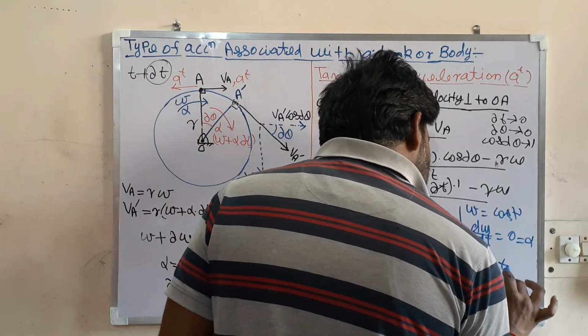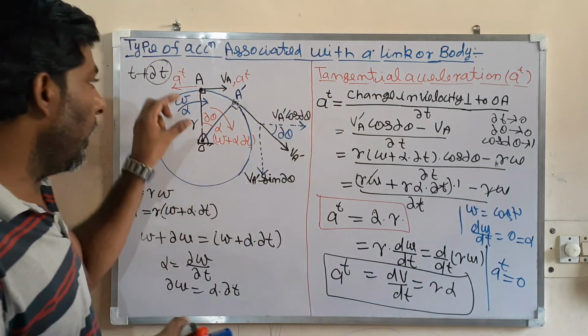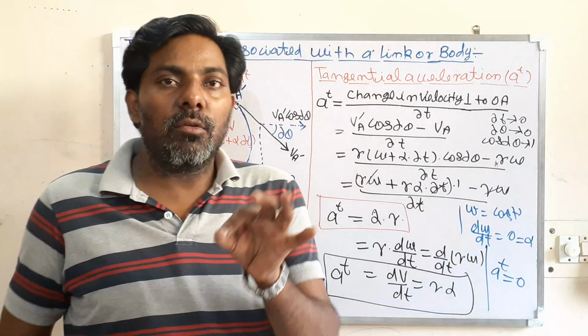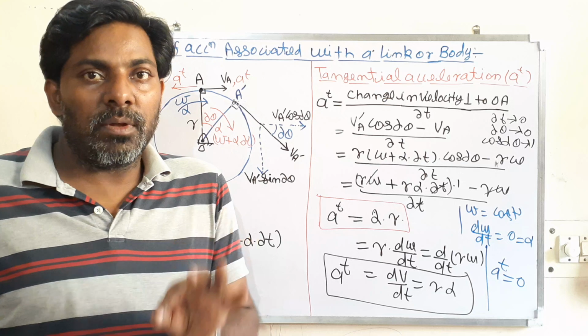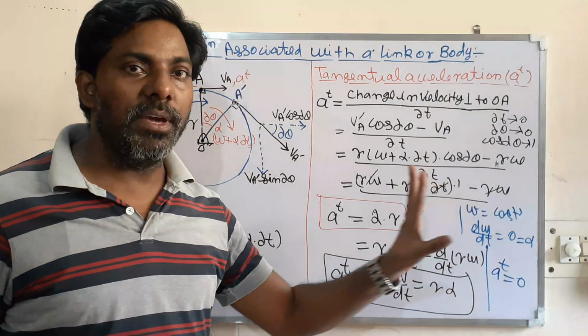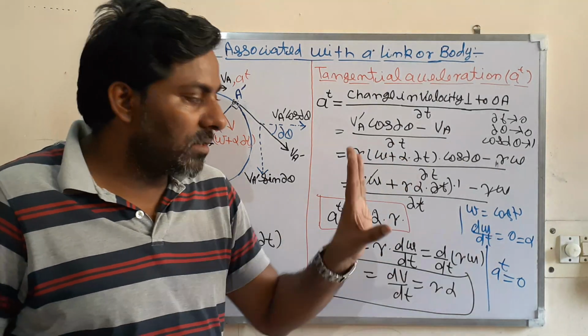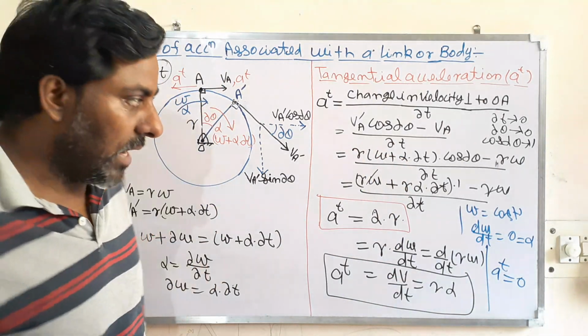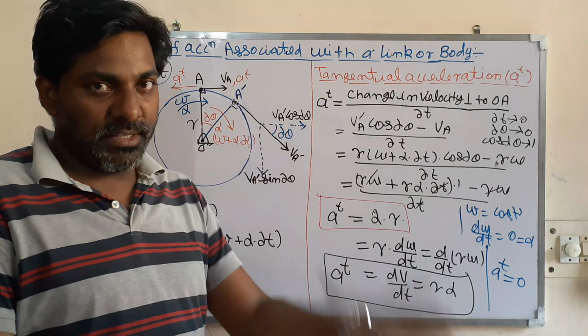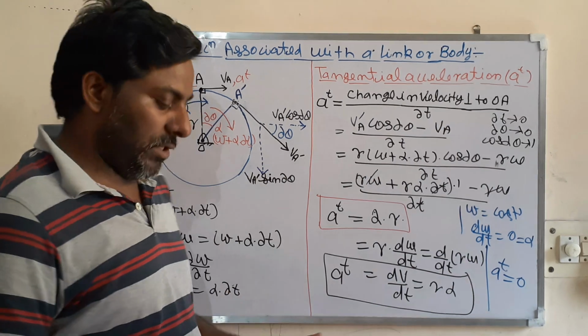So this tangential acceleration will be 0. It means if the link OA is rotating with a constant, uniform angular velocity omega, then its tangential acceleration will be 0. When omega is constant, tangential acceleration will be 0. Clear? That is known as motion with uniform angular velocity.